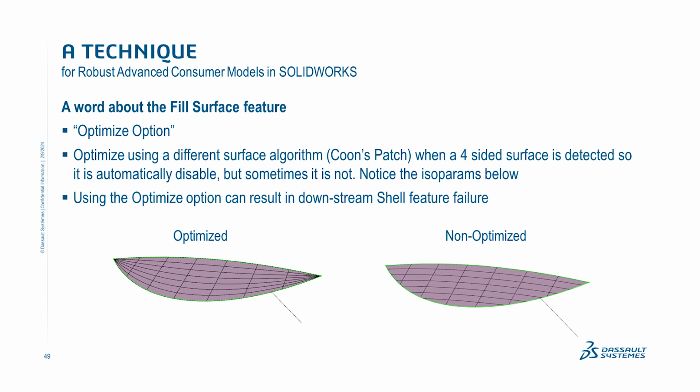Anyway, there's also this option in fill called optimized. There are two algorithms in fill for the inside patch. One is called a Coons, and when you have a regular 4-sided surface, it goes to that and uses it because it's very efficient. When it's 3-sided, you can still do a Coons patch, but what you'll get is something like what you see here on the left.